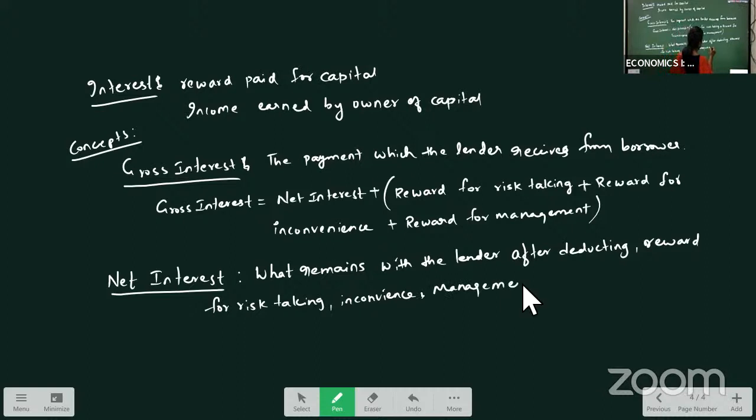Means after all the deductions, what is left with the lender? After all the deductions, after all the payments, whatever is left over, that is the reward which is earned by the owner of the capital.